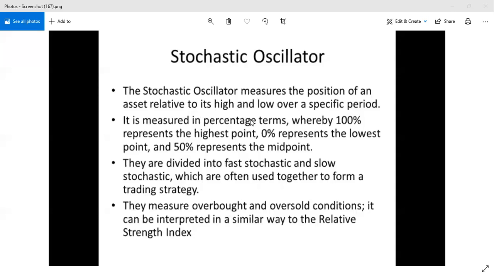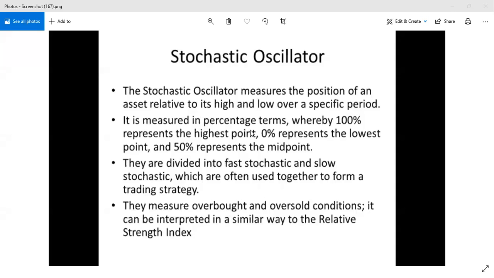Suppose for 10 days, if you want to calculate the oscillator, then we use the last 10 days' highest price and lowest price, and calculate where the current market price is standing, and we give it a number from 0 to 100.